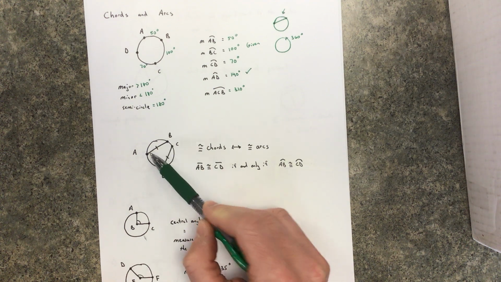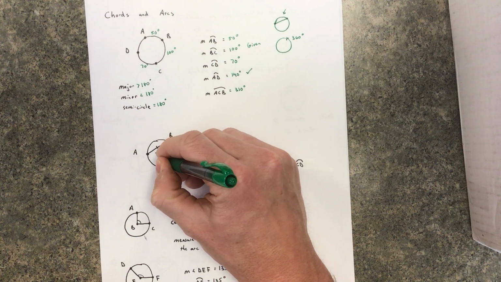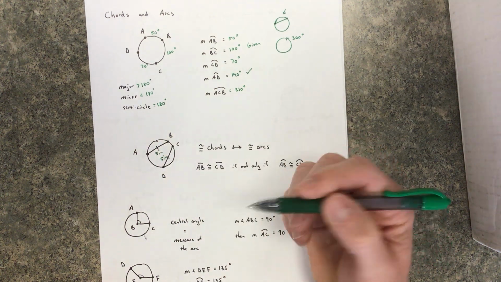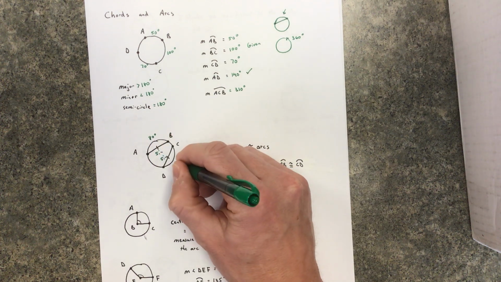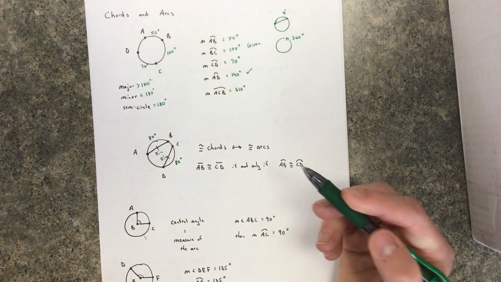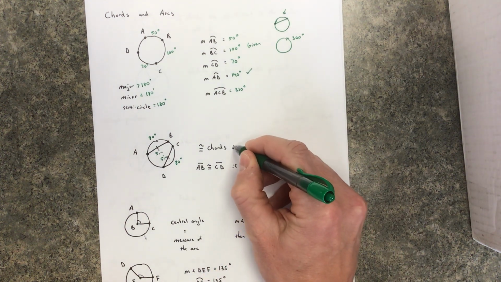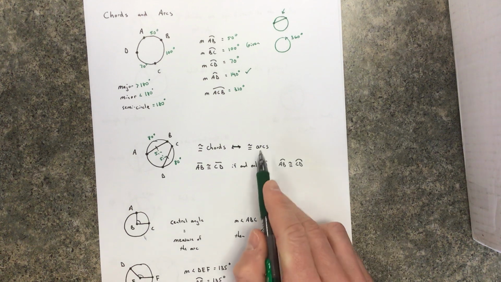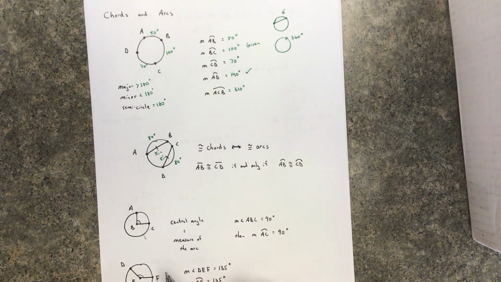So if these are both, I don't know, 5 inches, and let's say this arc is 80 degrees, dude, this one has to be 80 degrees. Remember, this is a biconditional. Really, there should be 2 arrows there. Congruent arcs mean congruent chords, and if you have congruent chords, then they for sure have congruent arcs. Okay?